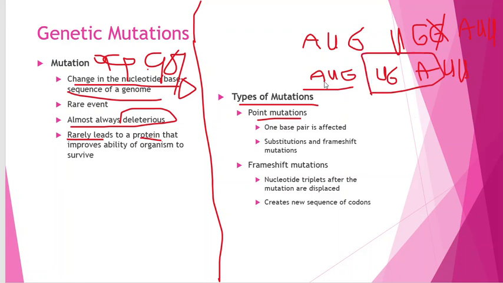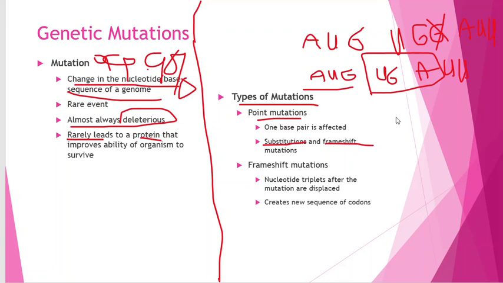If I do that, I have a start codon, and right after it, I now have a stop codon. Nothing's going to happen. That's what we call a frame shift mutation. There's a letter missing here, so we're going to take the next one and consider that to be part of the same word.